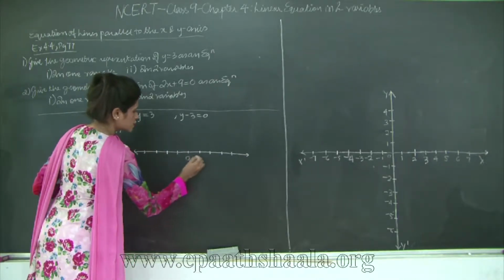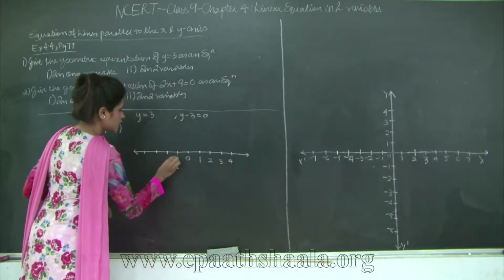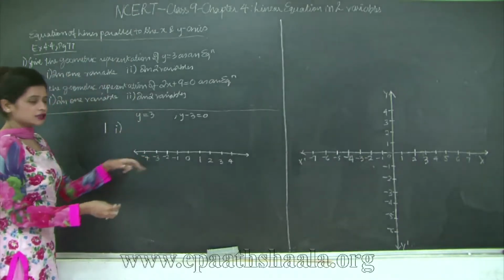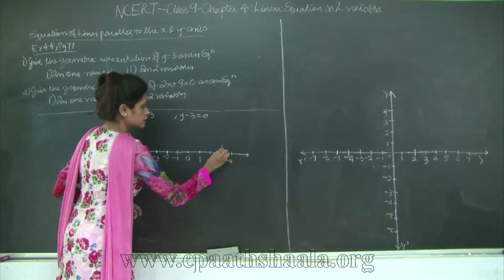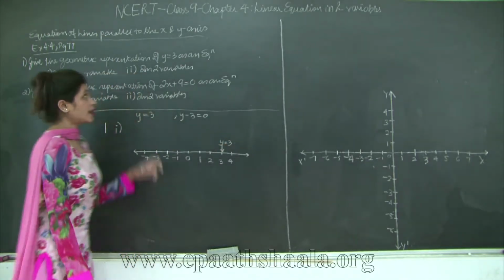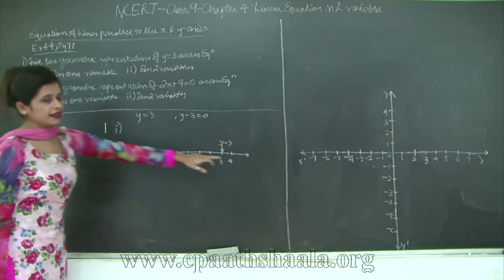Let us start from 0, 1, 2, 3, 4, and minus 1, minus 2, minus 3, minus 4. So, y is equal to 3, therefore, this is y. You can just mention it over here. So, I have represented this equation in one variable on my number line.